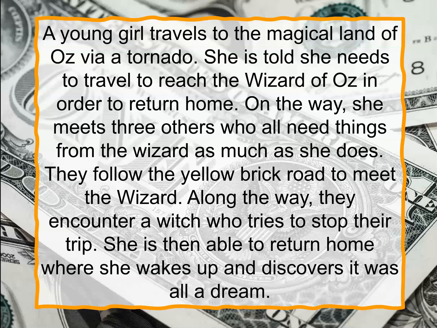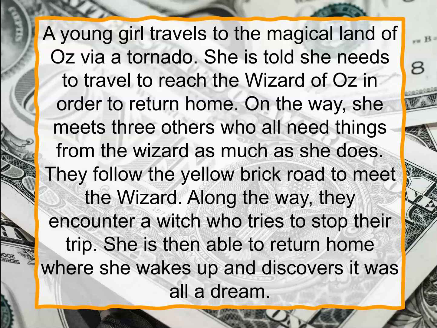This is a summary of the movie The Wizard of Oz. I've seen it 1,000 times, so I know it by heart. The summary is 91 words, or $9.10. It's way over budget. This was my first draft, but it allows me a great place to revise.